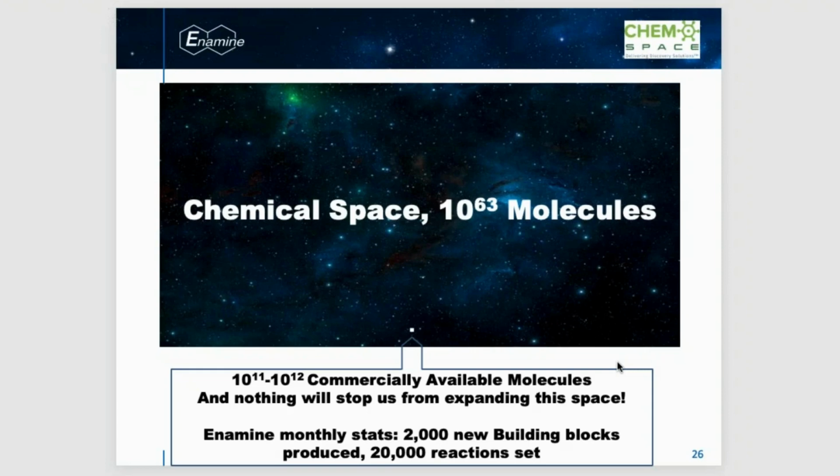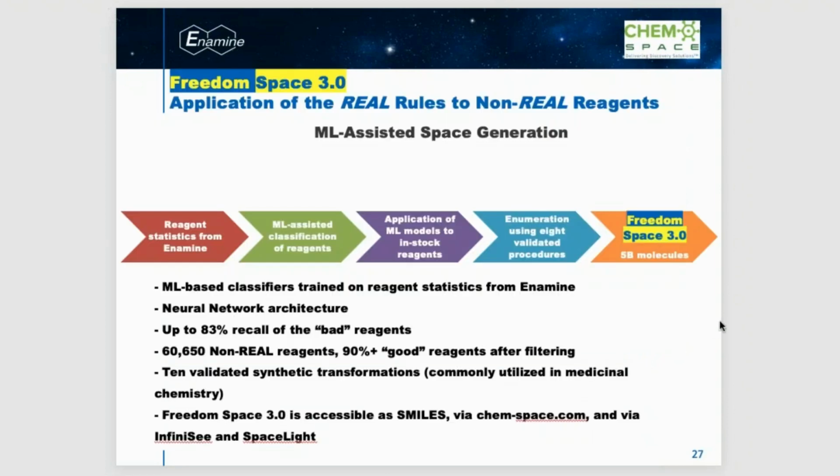What we have also done is we used this REAL data and applied it to non-REAL reagents. And that's something that we've just released, and it's called Freedom Space. This is the product that we create together with Enamine.